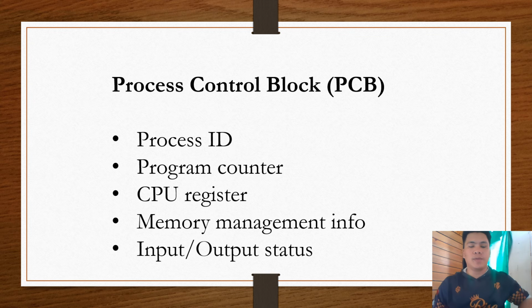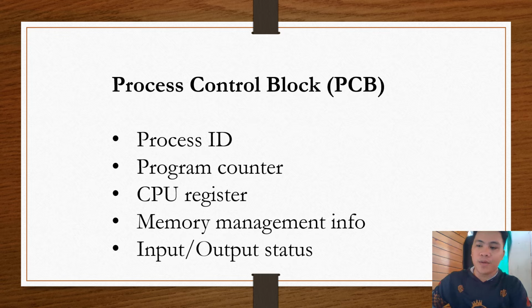Process control block. What is a process control block? A process control block is a data structure in the operating system that contains all the information needed to manage and track a process. There are different components of the control block. First is the process ID, a unique number for identifying the process. Second is the program counter, which shows the next instruction to be executed.